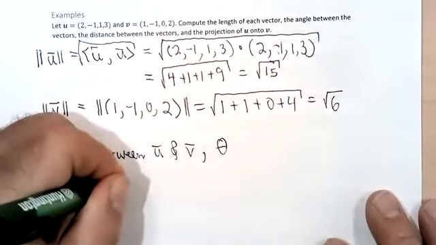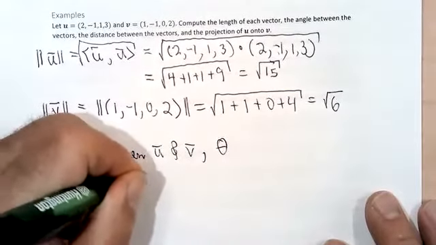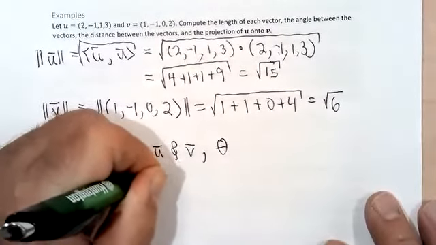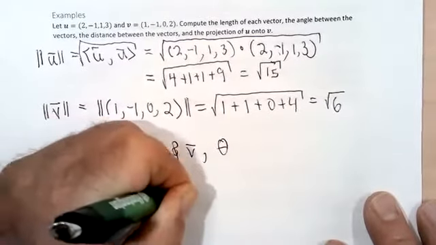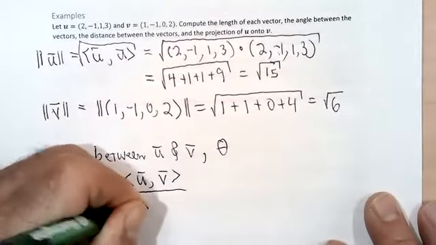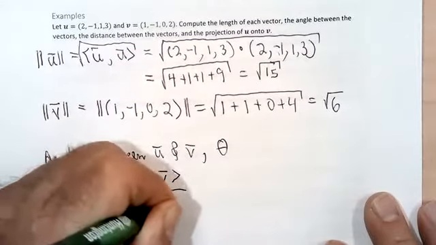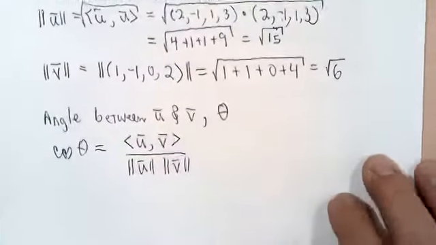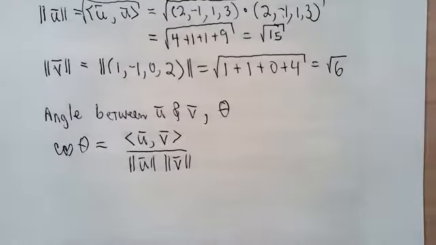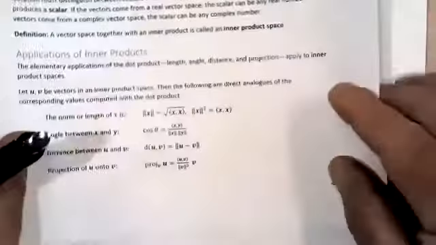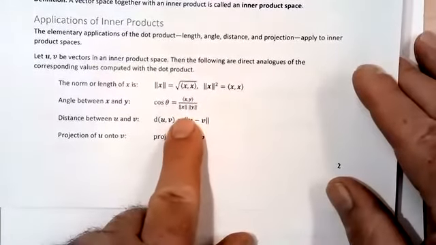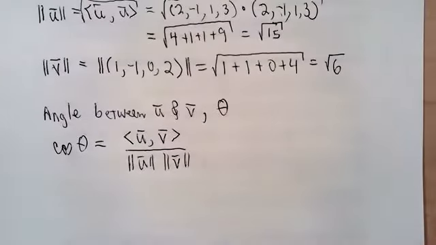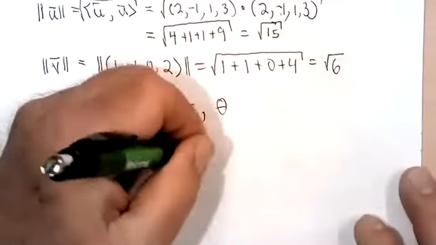It's the inner product of u and v divided by the norm of u and the norm of v. And that I am just taking right off of the previous page. It's just a formula, so you learn that and you're good to go.